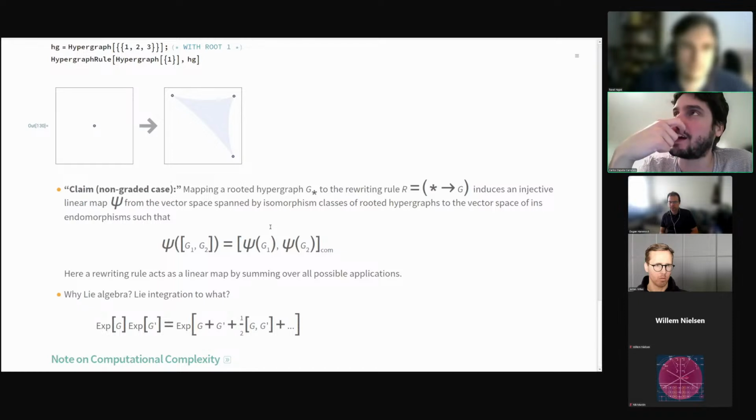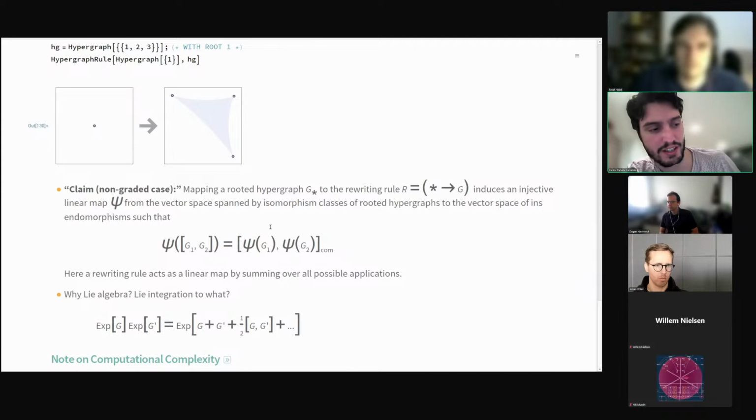And I think that if you have a rewrite rule interpreted as a linear map, there is a very natural extension of this idea, which is to say, well, this rewrite rule really is just insertion, right?